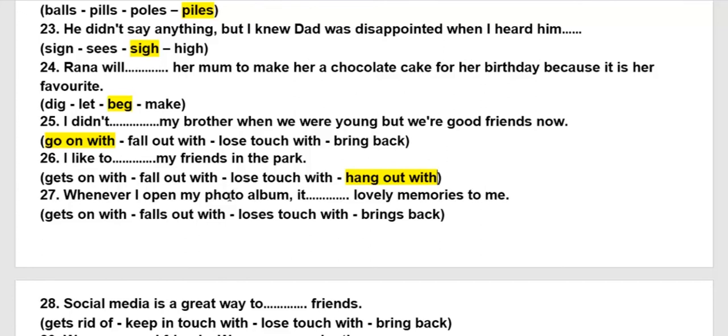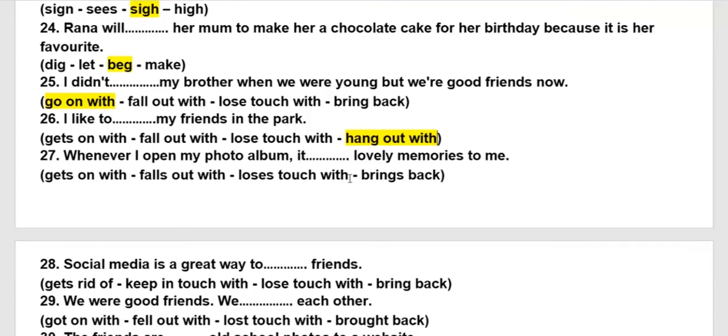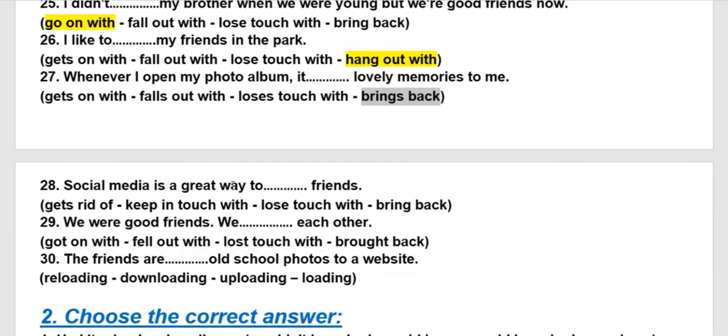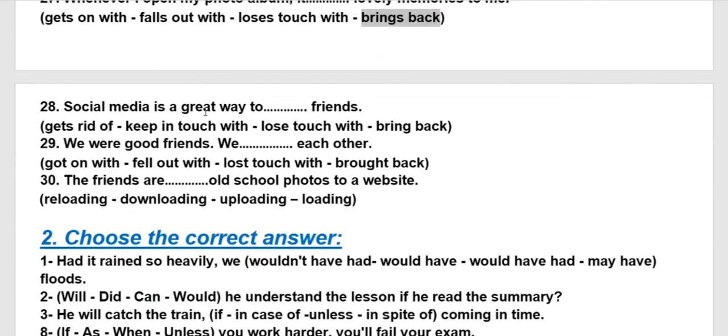Whenever I open my photo album, it brings back lovely memories to me. Social media is a great way to keep in touch with friends, you see here, to get rid of, to keep in touch with, lose touch with, bring back, to communicate with.